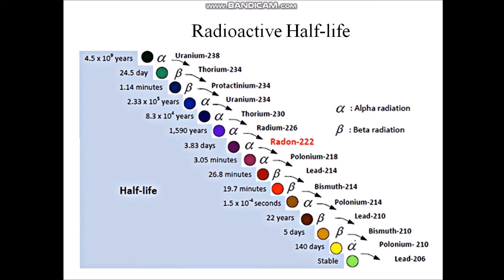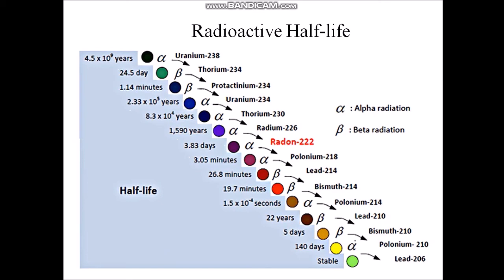And look at the radiation it gives out. Uranium-238 emits an alpha radiation, then a beta. Thorium emits a beta radiation, protactinium beta, and so on and so forth. As you can see there, what is the stable atom? Lead is the stable atom. So uranium-238 is very unstable. Like we said, an unstable nucleus will tend to decay.